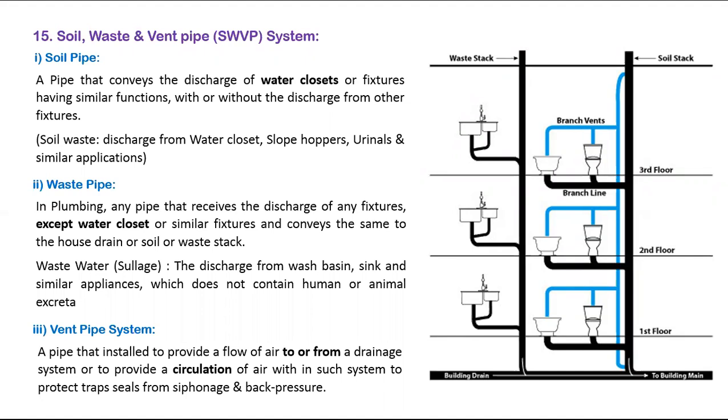What is a soil pipe? It is a pipe that conveys the discharge of a water closet. We already use water closets for toilets. A pipe that conveys the discharge of water closets or fixtures having similar function, with or without the discharge from other fixtures.